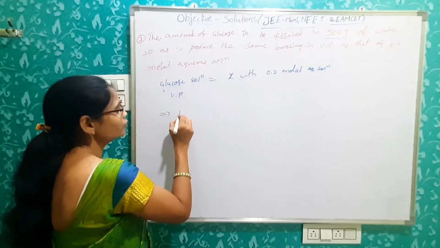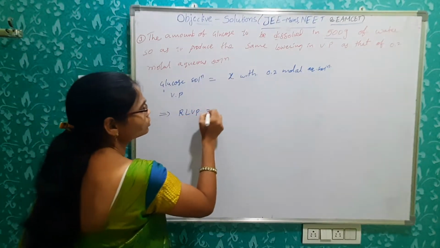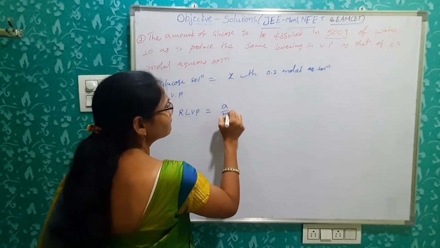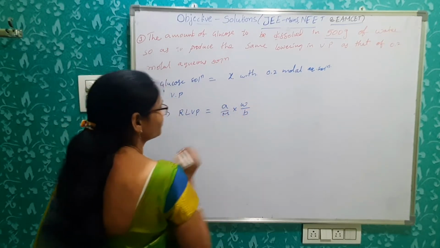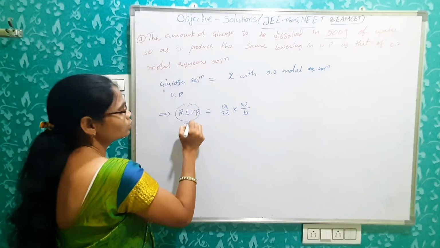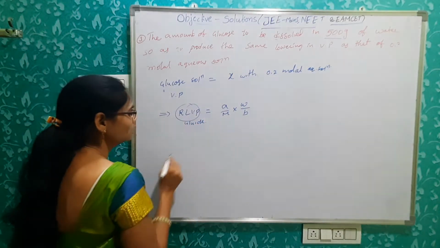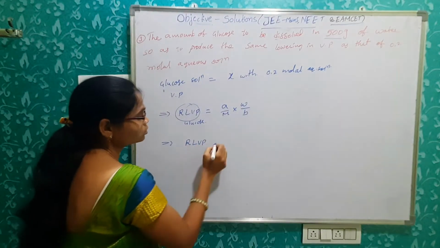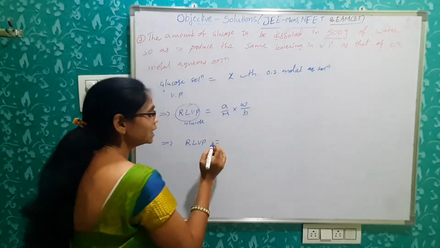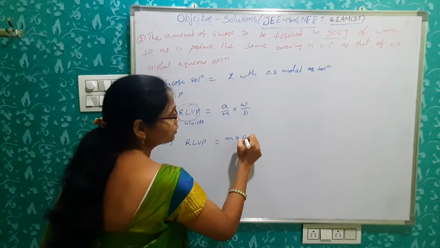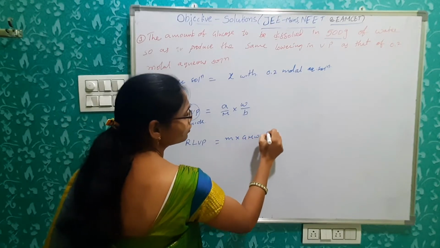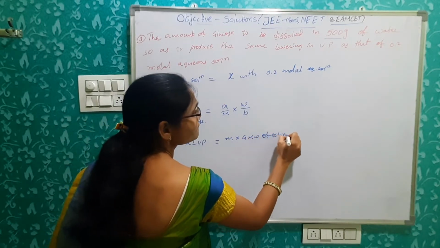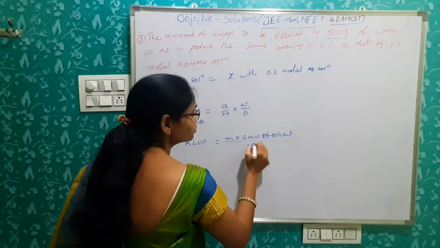The relation formula: RLVP is equal to A by M into W by B, for glucose. For solution X, the same RLVP is equal to, writing the relation formula with molality, molality into gram molecular weight of solvent by 1000.